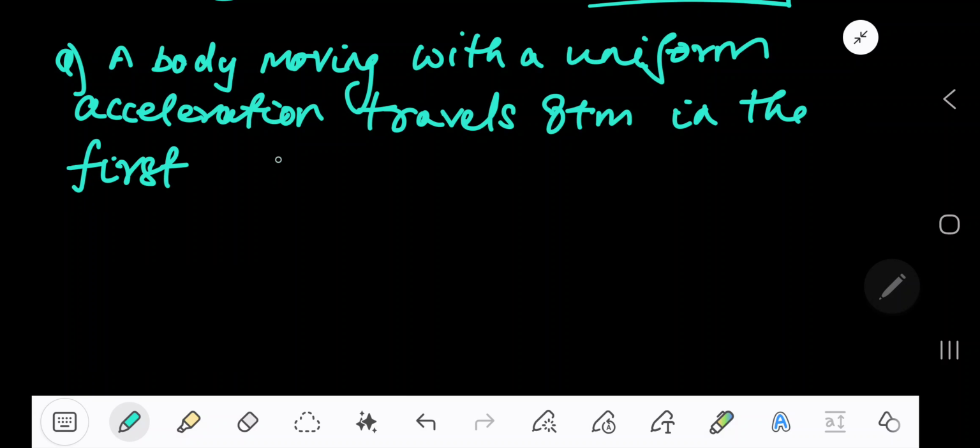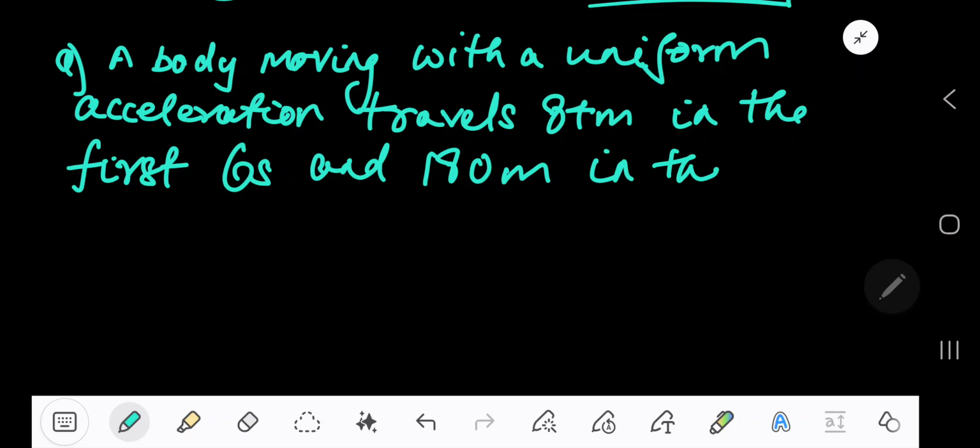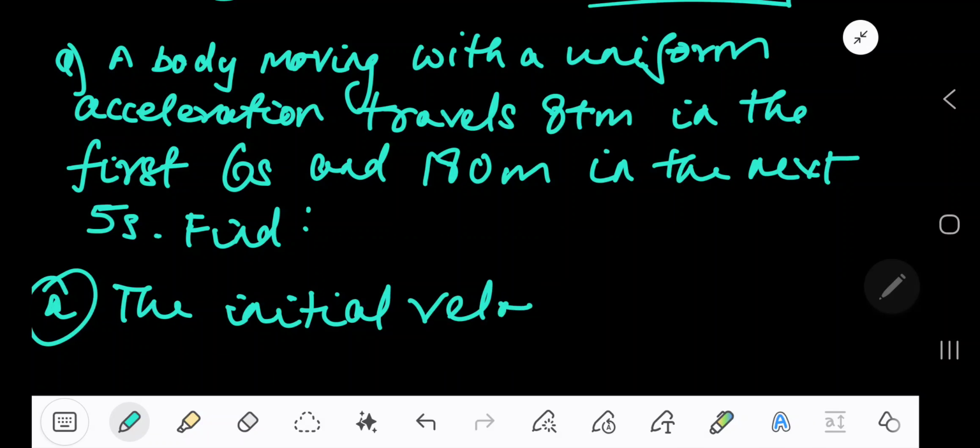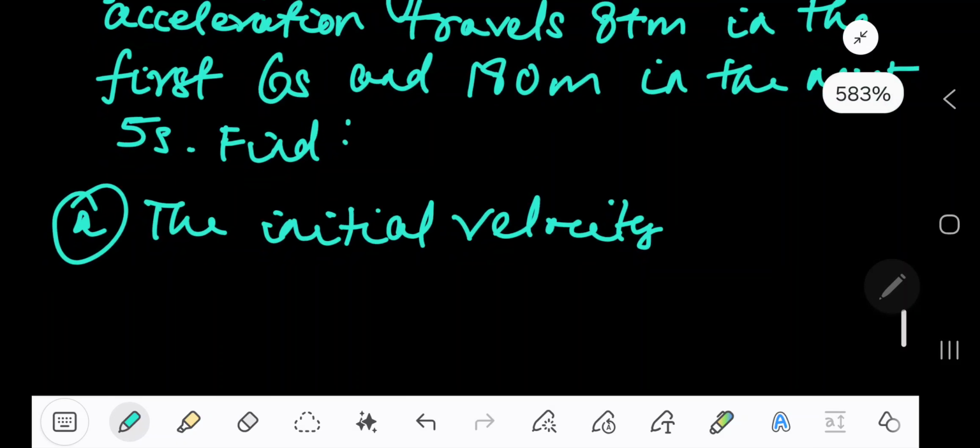You should write these questions down while pausing the video. In the first 6 seconds, and 180 meter in the next 5 seconds. Alright, find the initial velocity and the acceleration.